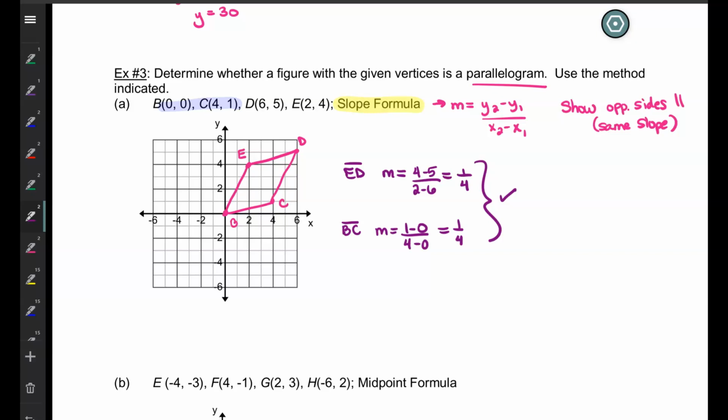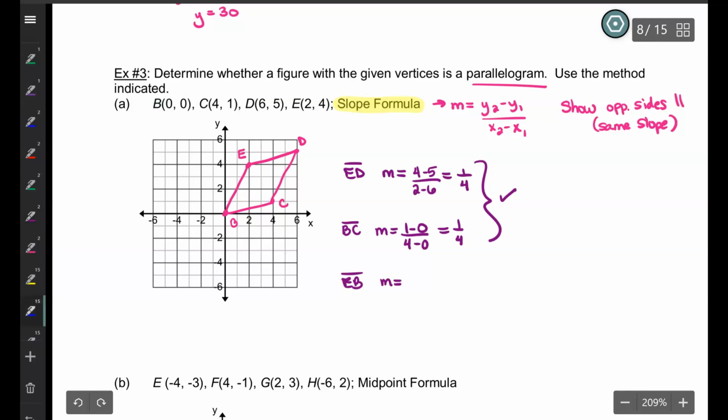Now we'll check the other two sides. So I'll check EB. So now I want to focus on E and B when I use my slope formula. So 4 minus 0 over 2 minus 0, so that's going to give me a slope of 2.